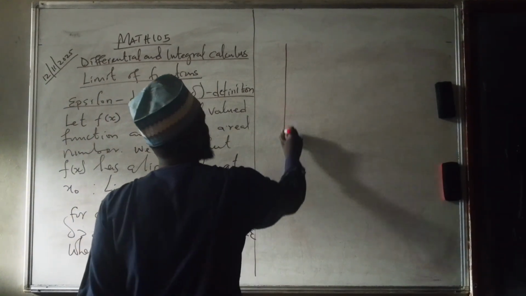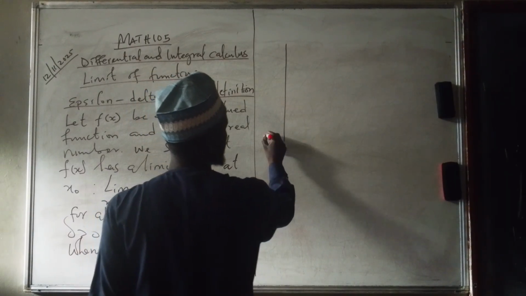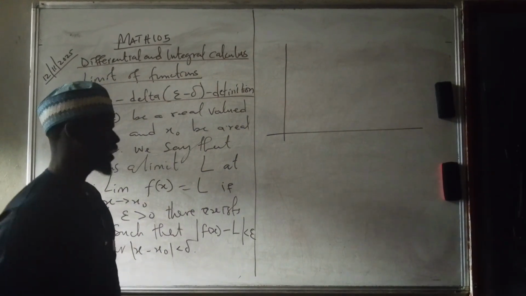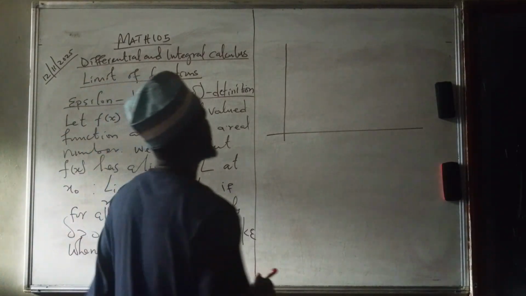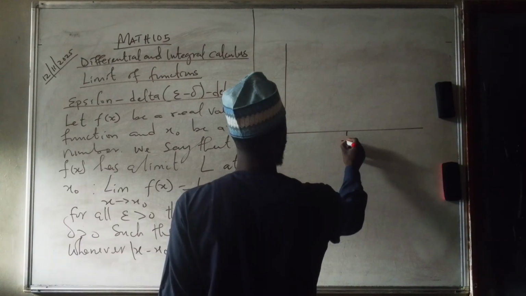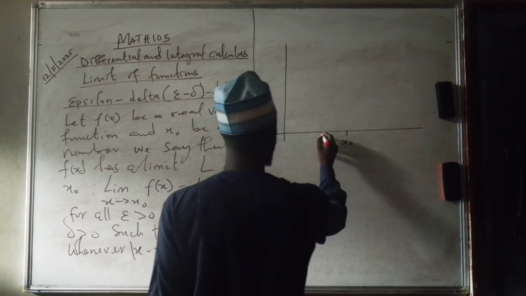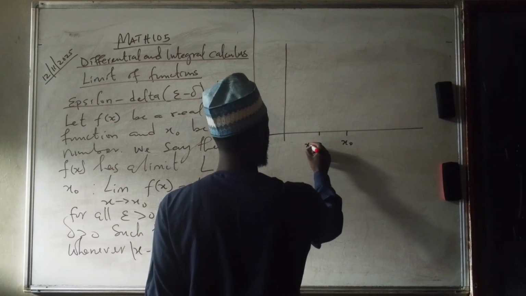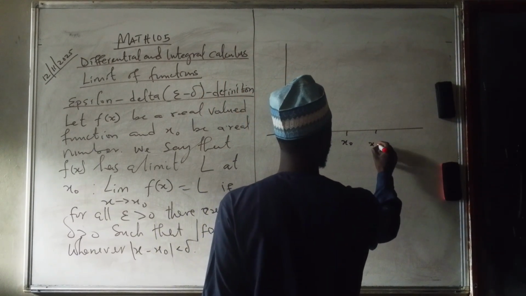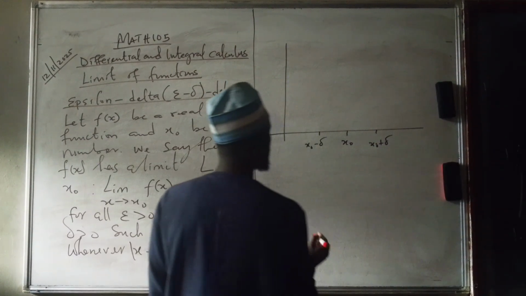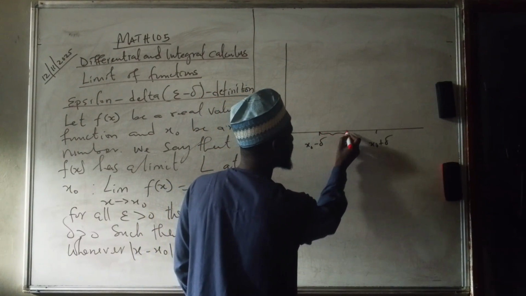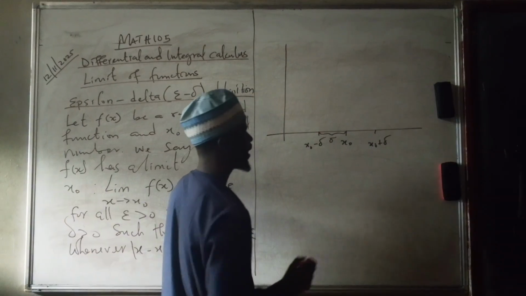And for it, you have to look at the Cartesian coordinate system. That's the graph of the function f of x. Here we have x naught, and here is x naught minus delta. Here is x naught plus delta, meaning that the distance here is what we know as the delta.